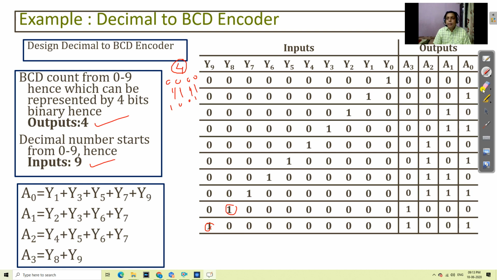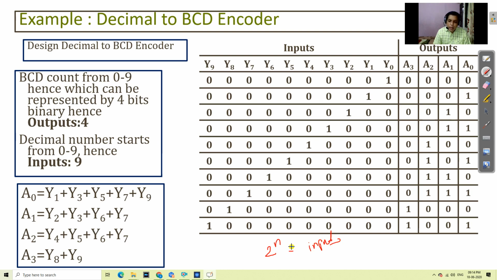Okay, so let us implement the circuit for this BCD converter. So hope you got the answer. Output lines are 4 and input lines are 9. See that it is not always necessary to use the formula 2 raised to n equal to the number of inputs. So I'm modifying this formula.